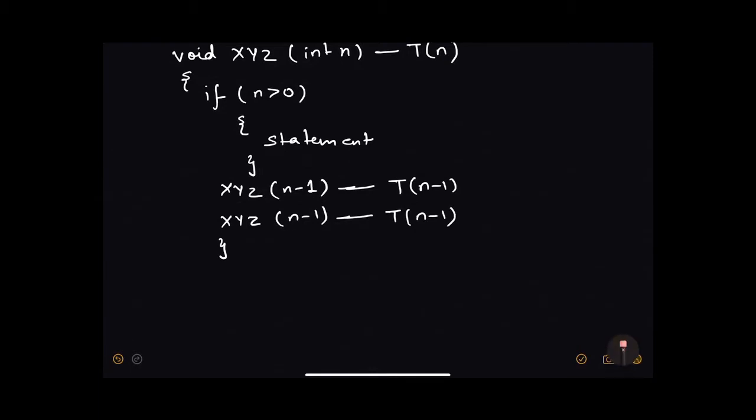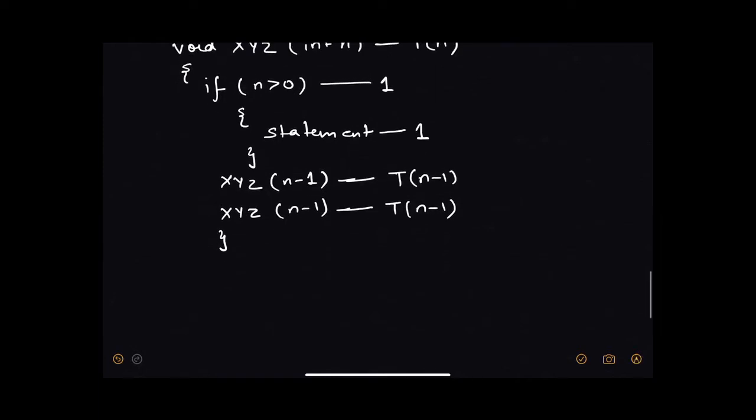The if statement takes 1 unit of time, and every following statement takes 1 unit of time, correct? So the total recurrence relation would be T(n) = 2T(n-1) + 2. Right, so 2 is a constant over here.